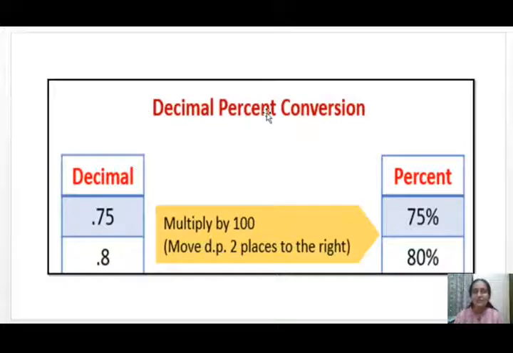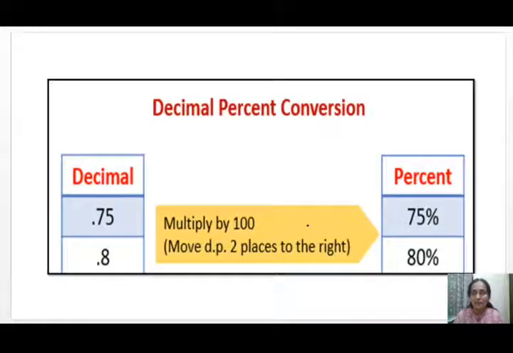How to convert a decimal number to percent? The same rule follows. The same rule means you have to multiply by 100. Suppose the decimal number is 0.75, multiply by 100. You have learned the multiplication by 100. That means the decimal point has to move 2 places to the right. 75, multiply by 100%.